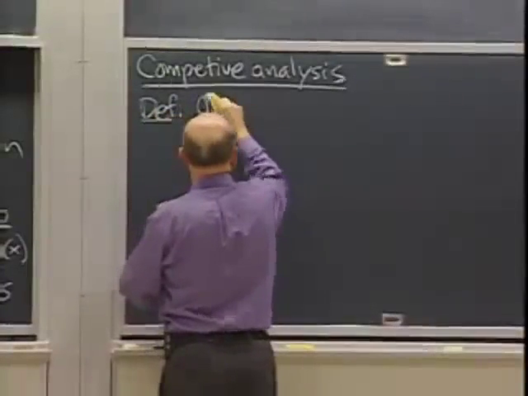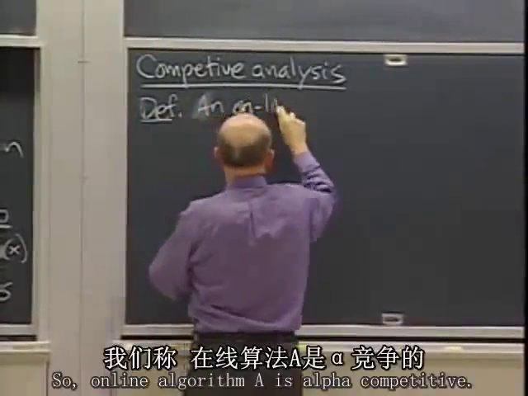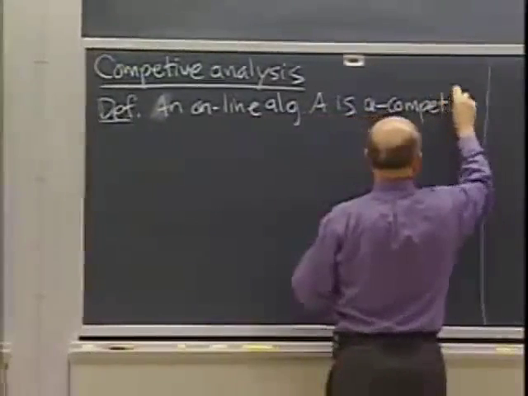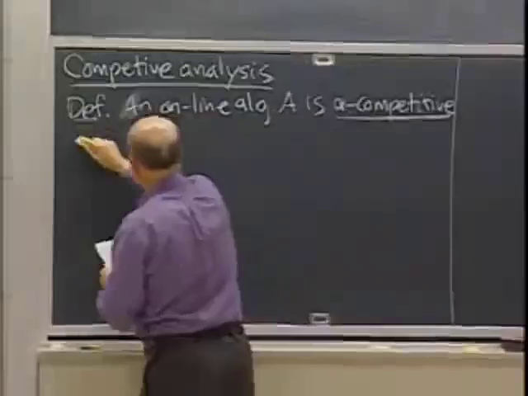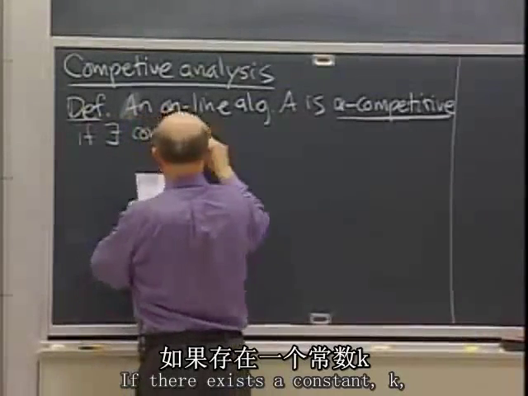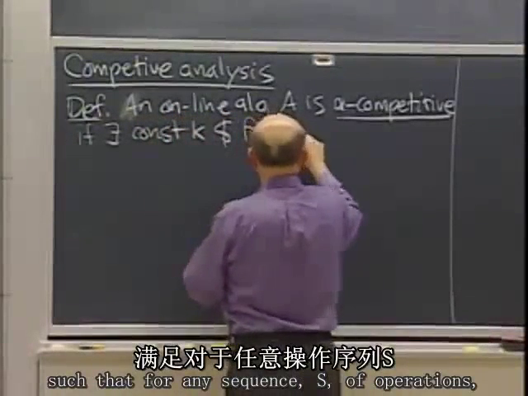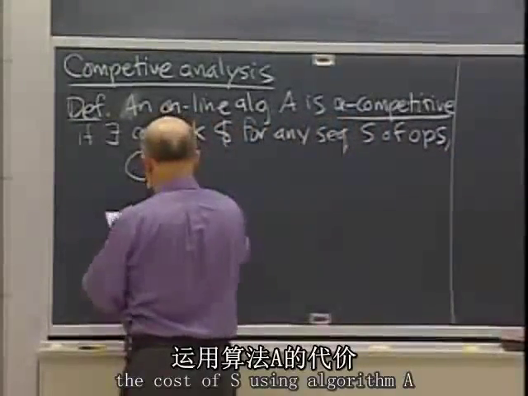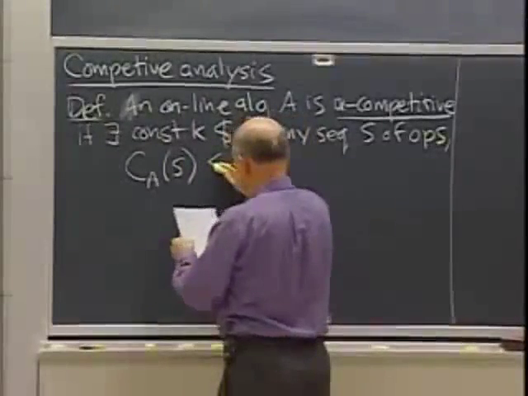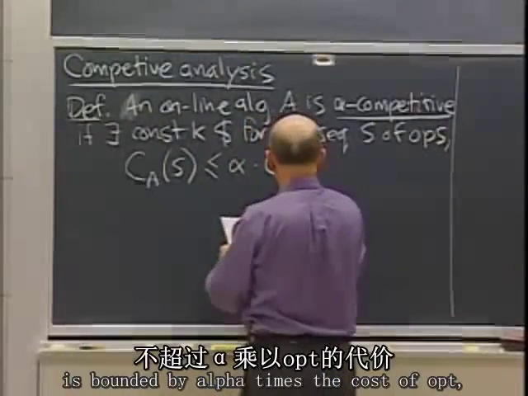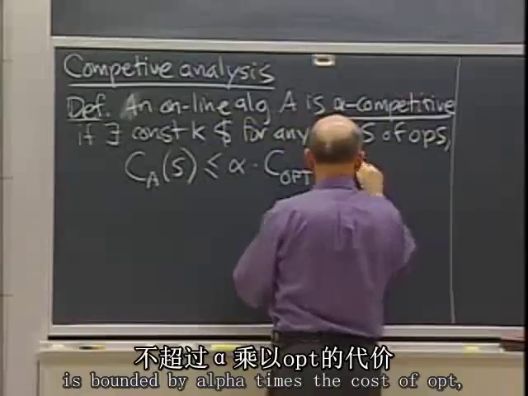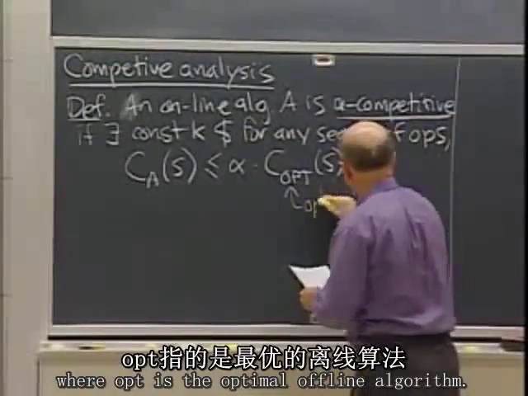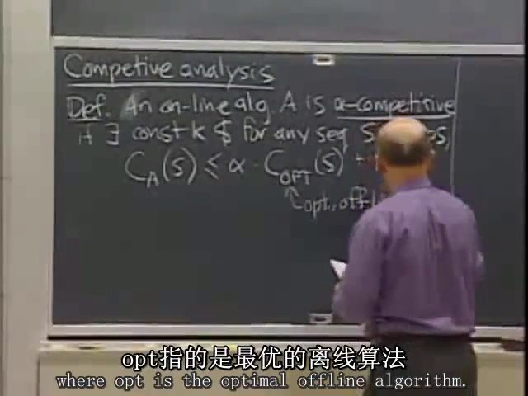An online algorithm A is alpha competitive, okay, if there exists a constant k such that for any sequence S of operations, the cost of S using algorithm A is bounded by alpha times the cost of OPT, where OPT is the optimal offline algorithm.